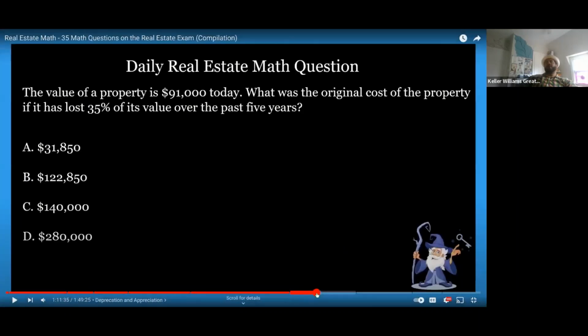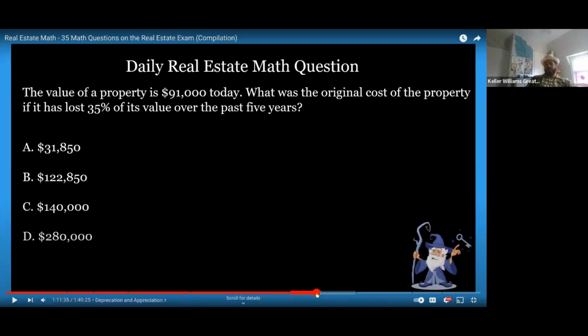The value of a property is $91,000 today. What was the original cost of the property if it had lost 35% of its value over the past 5 years? So remember that equation we just did. $91,000 today, and it's lost 35%.